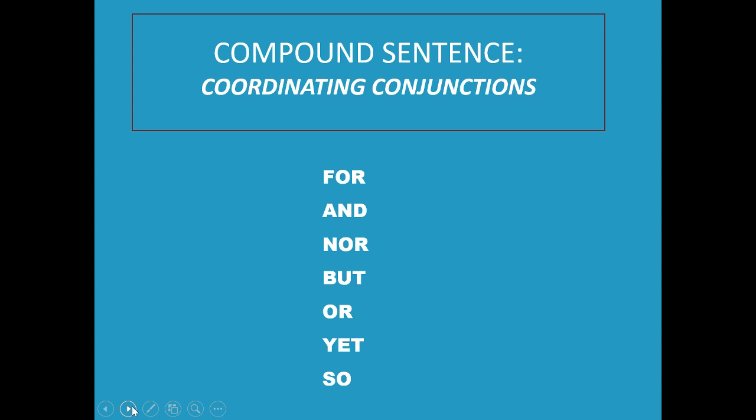Next, here now you can see some coordinating conjunctions: for, and, nor, but, or, yet, so. Now, this also does not mean that every time the sentence will be using one of these words.